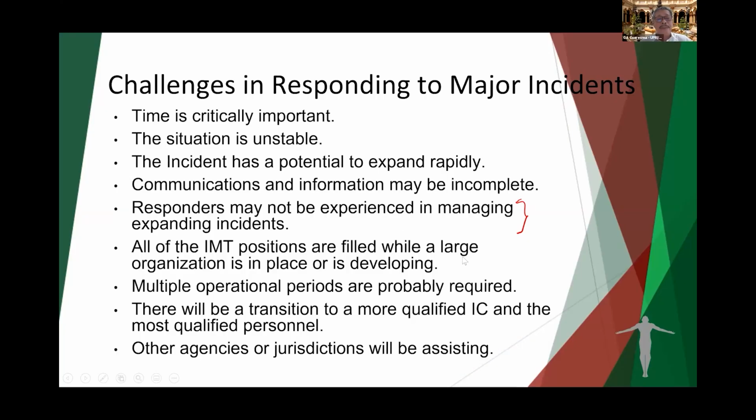Also, all of the IMT positions are filled while a large organization is in place or is developing. Now, as the incident becomes more complex, you have to call in other members of the incident command system, and so all the positions of the ICS are filled up. Also, multiple operational periods are probably required.